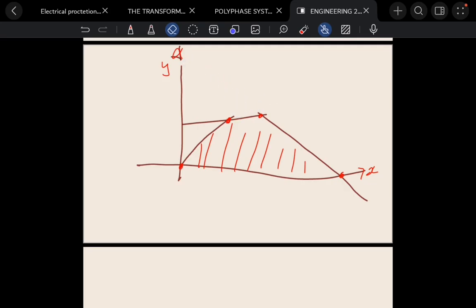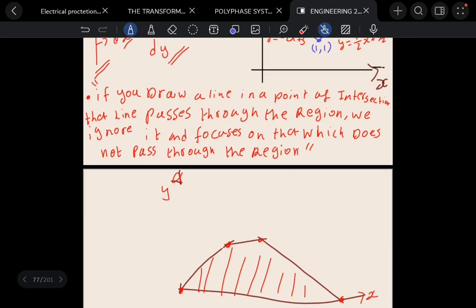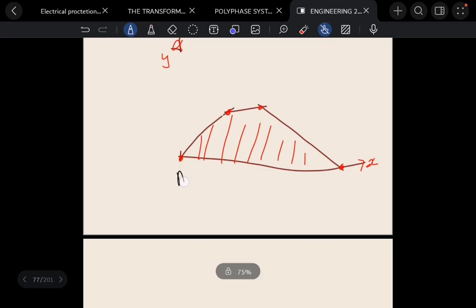Now if that is your region, the rules say in the points of intersection, you need to draw lines. Now, what lines? It is this vertical and this horizontal line. Right. Now let's start with A, B, C, D. Now let us draw a line, both vertical and horizontal.